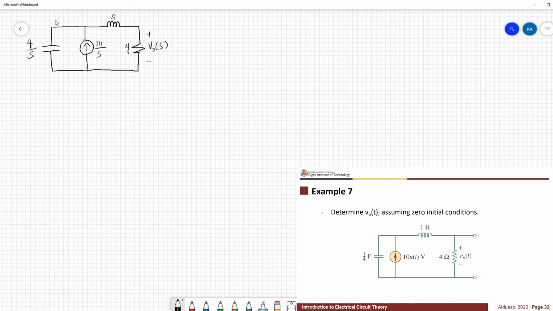Next, we can transform this part using source transformation. We have 40 over s squared, and we have 4 over s, then 4 plus minus Vo.